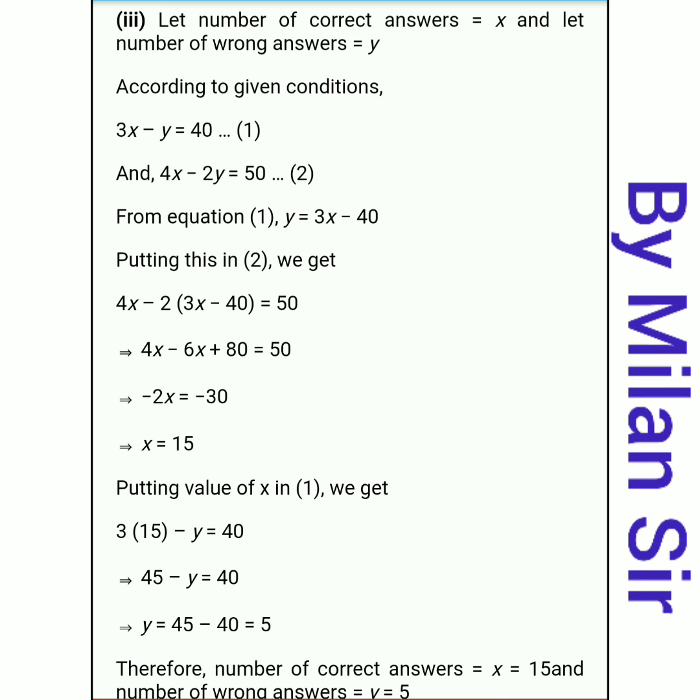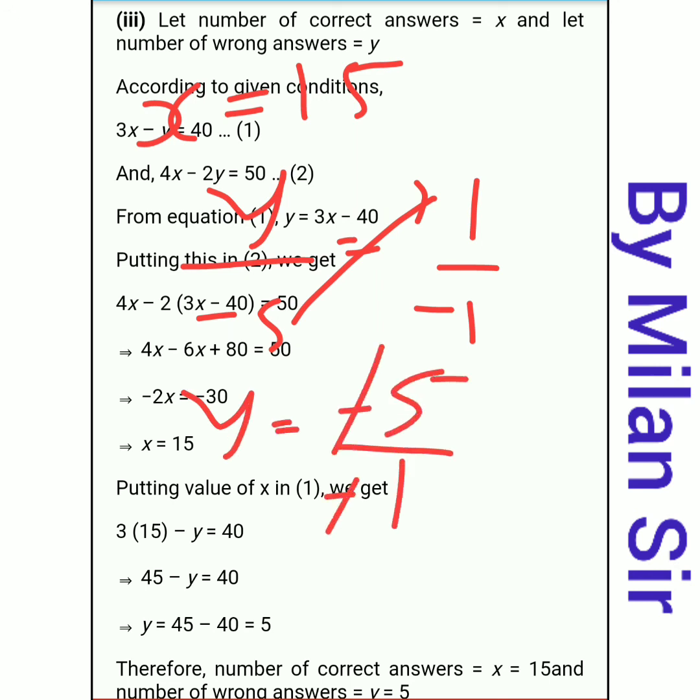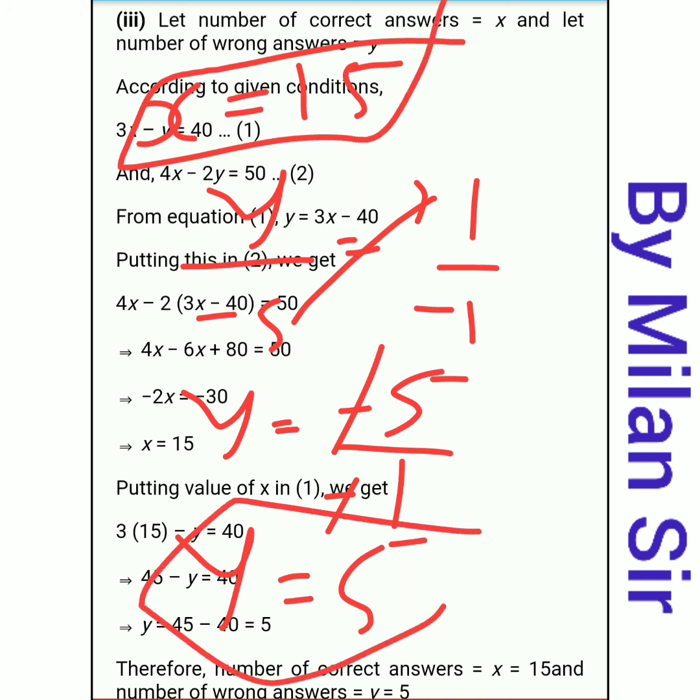So y upon minus 5 is equals to 1 upon minus 1. Transfer this minus 5 to the left hand side. So minus 5 ones are minus 5 upon minus 1, minus minus cancel. 5 divided by 1 is 5. So this is our final answer. x is equals to 15, y is equals to 5.